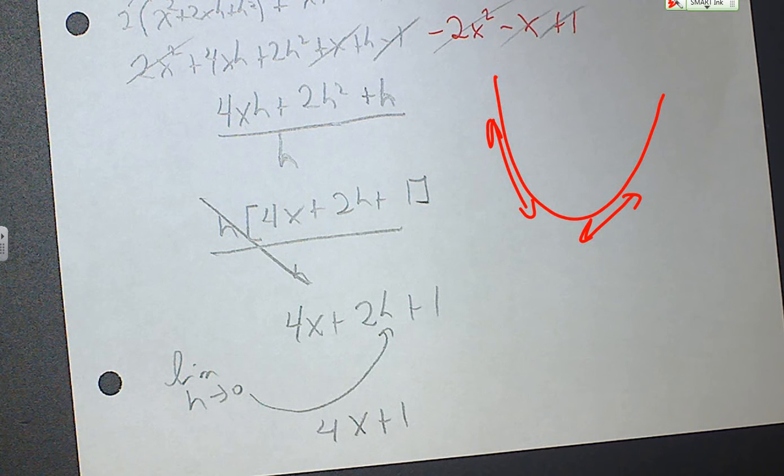If I plug in a 0 here, it's telling me when x is 0, the slope is 1. If I plug a negative 2 in here, it tells me the slope is negative 8 plus 1, which is negative 7. Very steep negative slope. It tells me the slope at any x coordinate along that curve.